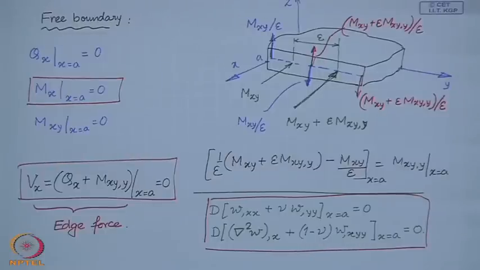So, let us summarize. We have looked at the equation of motion of small amplitude, small slope vibrations of flat plates. Plates are two dimensional elastic continuum which can transmit or resist bending moment.